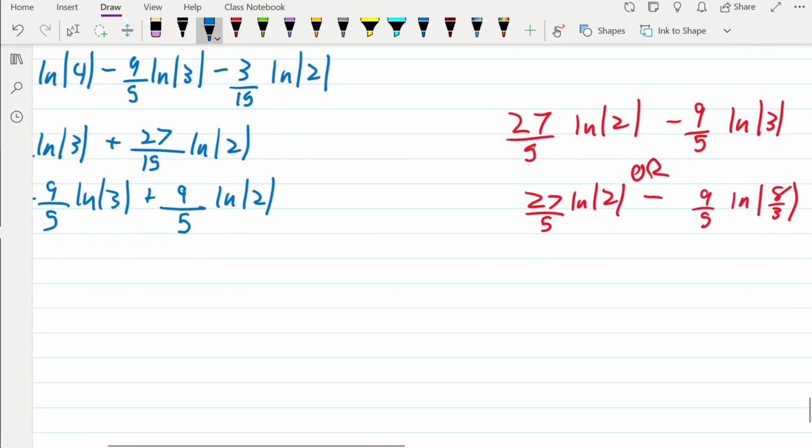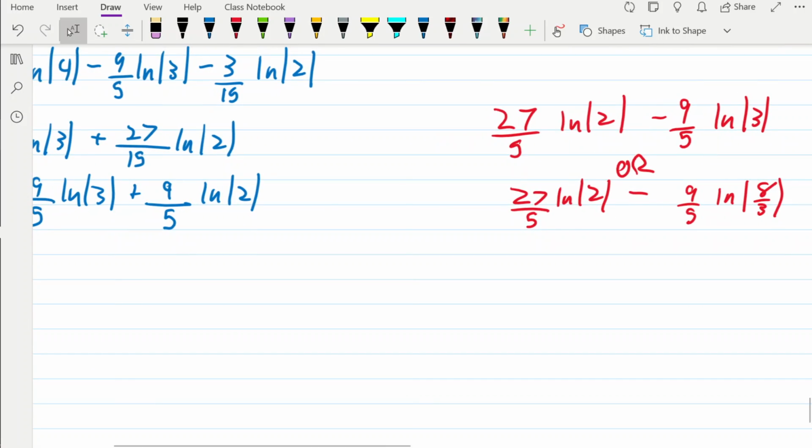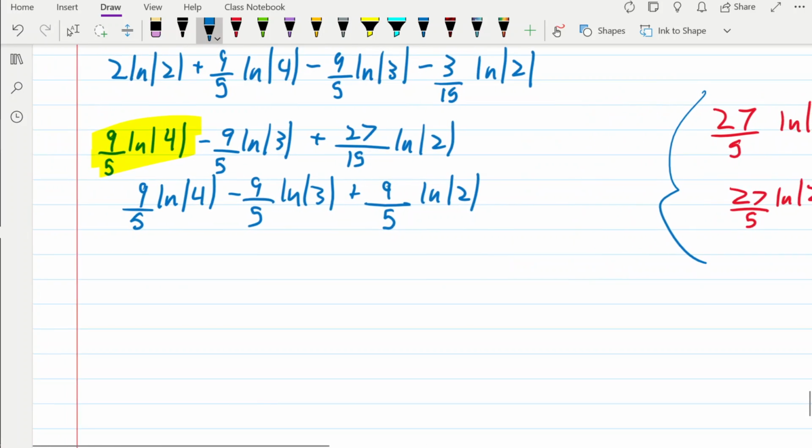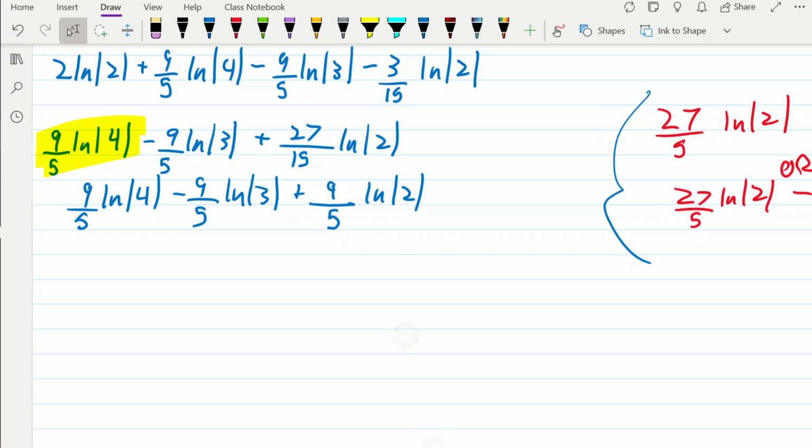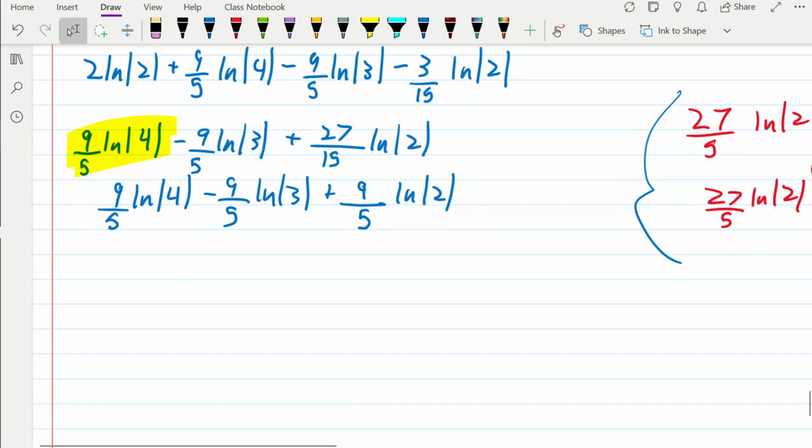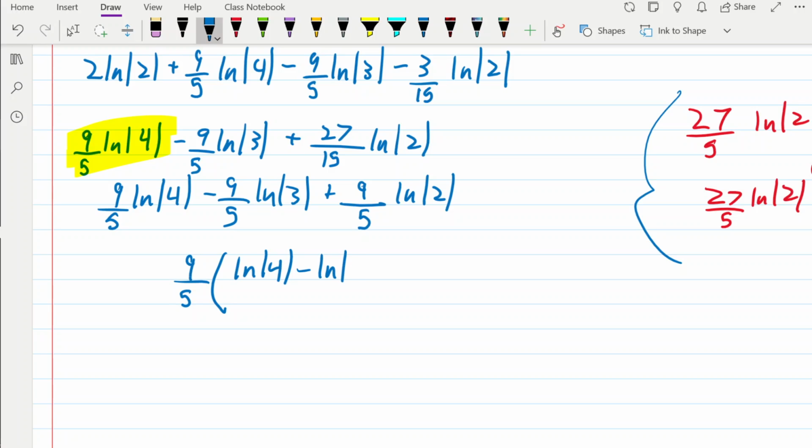Because it's still not technically lining up to one of the correct answers. I mean, if we take a 9/5 out to the front, we get ln of 4 minus ln of 3 plus ln of 2.